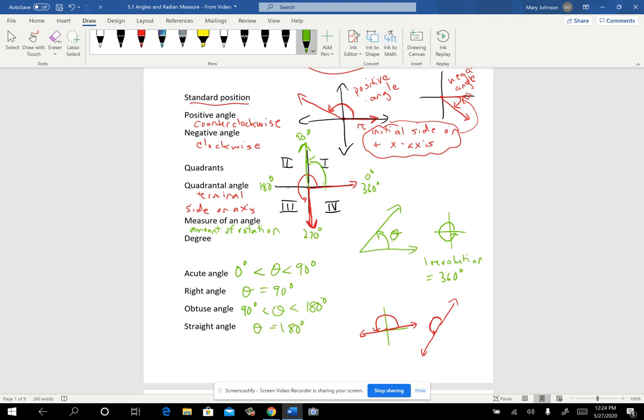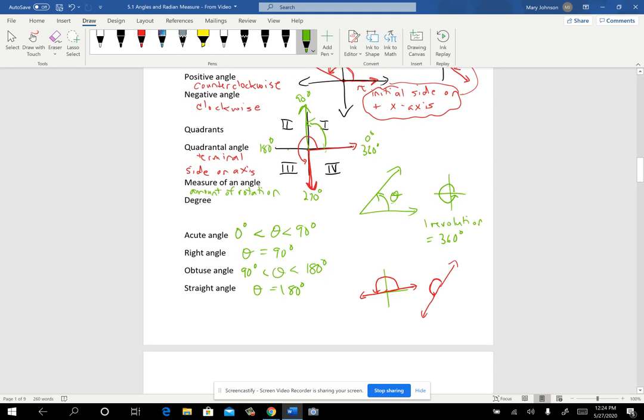By the way, in geometry, we make a big deal about notation, and we would put measure of angle A and that sort of thing. A lot of times here, when we say theta equals 90, sometimes theta is referring to the angle itself, sometimes to the measure of the angle. But it's easiest just not to bog down with notation. So the Blitzer book just says theta equals so many degrees.